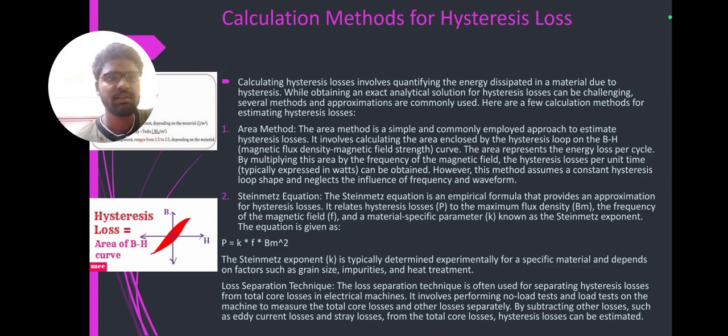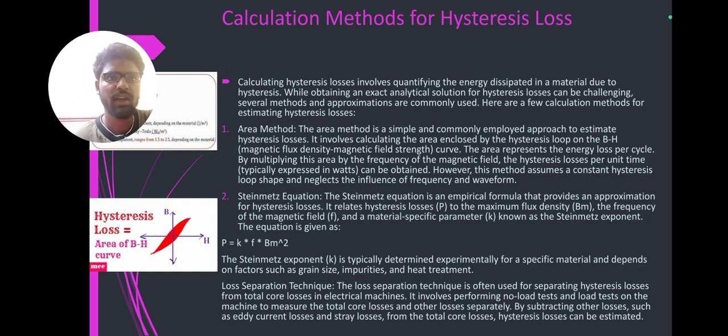Calculating hysteresis losses involves quantifying the energy dissipated in a material due to hysteresis, while obtaining an exact analytical solution for hysteresis losses is difficult. Some of the methods for calculating hysteresis losses are the area method. The area method is a simple and commonly employed approach to estimate hysteresis losses.